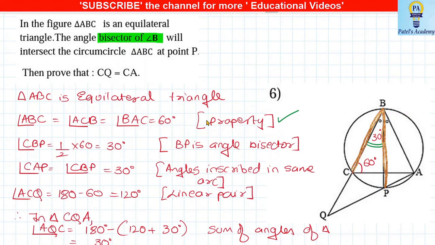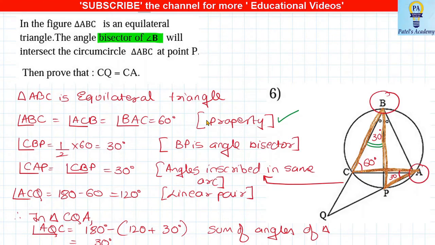If this is 30, can I say this angle, this CAP, also 30? Can I say this angle is also 30? The reason is this: angle inscribed in the same arc. So angle B and angle A, I'm using single letters for you to understand.